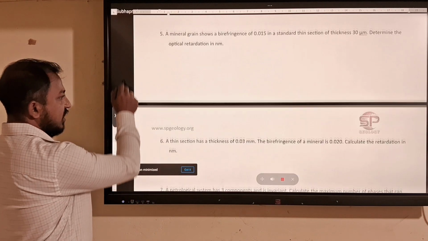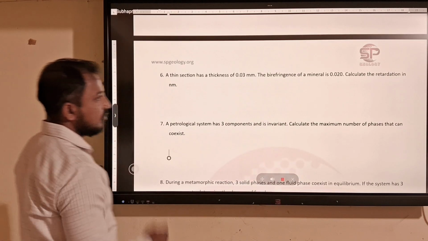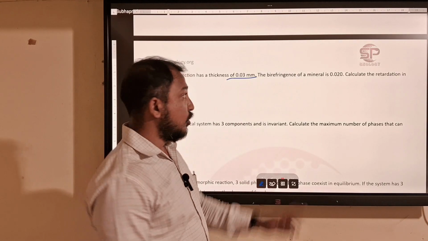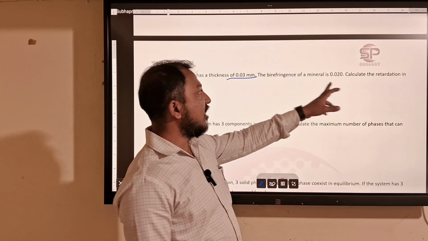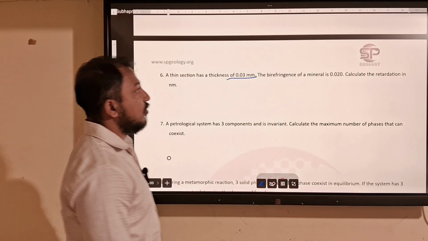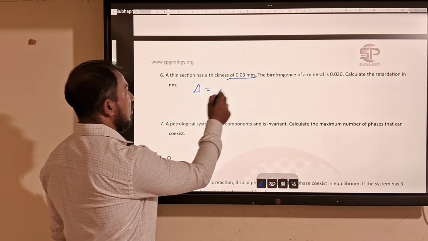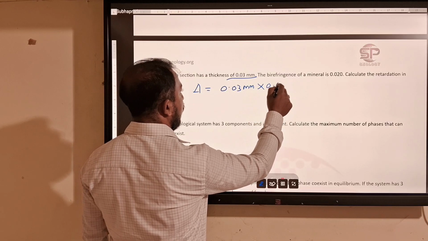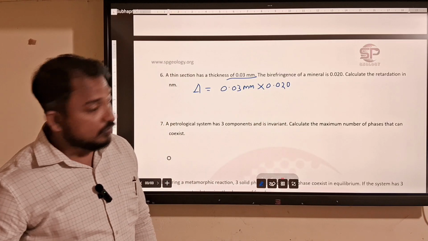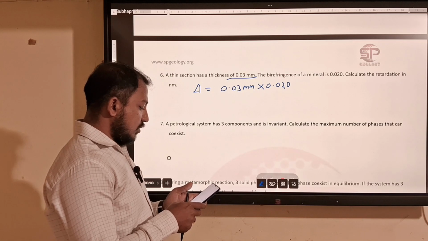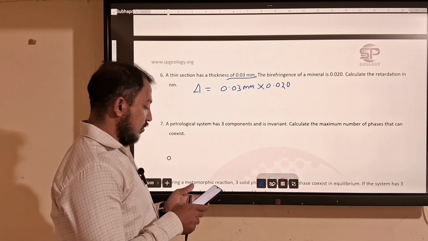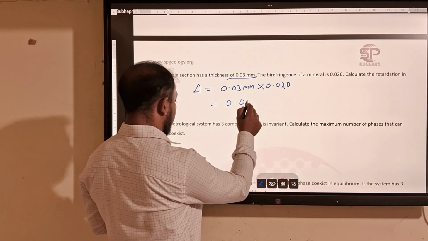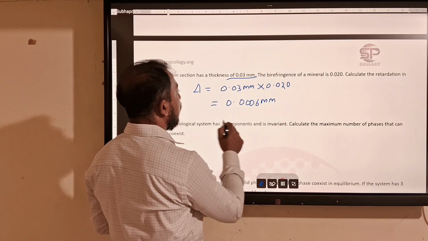Next, move to another question, same as that, and also try to solve this. Thickness is given as 0.03 millimeter, and the birefringence is 0.020. We have to calculate the retardation. So retardation will be 0.03 millimeter into 0.020, which is 0.0006 millimeter.